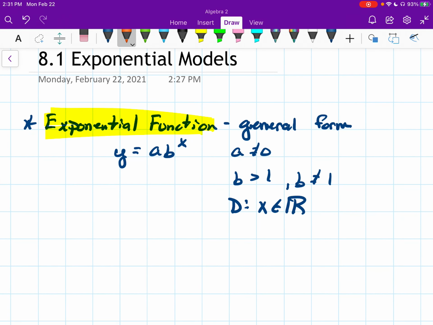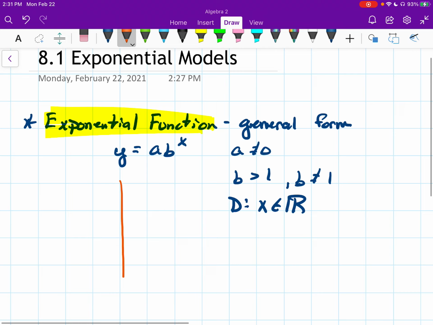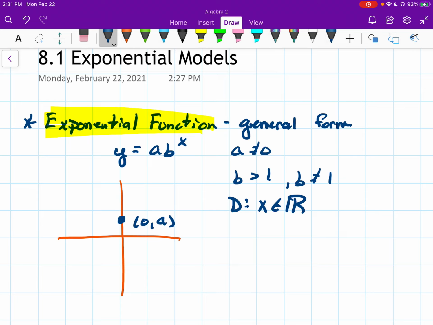Now, whenever we start graphing this, you've probably seen an exponential curve, especially with COVID going around. We have this point here that's at (0, a). So a tells us how high up our y-intercept is going to be.